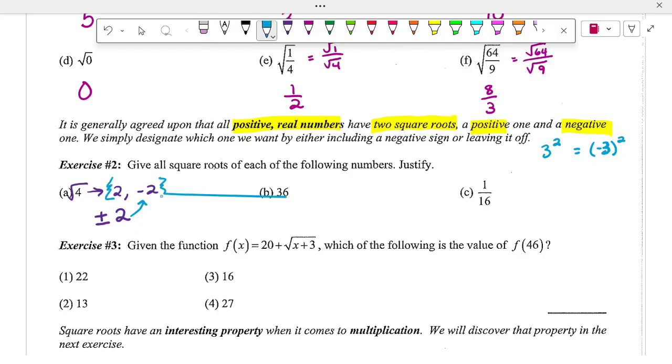That's the mathematical shorthand, because math people, we don't like having to write a bunch of stuff if we can help it. If I took the square root of 36, how would I state it? Plus or minus 6. 1 over 16, how would I state it? Plus or minus 1/4.